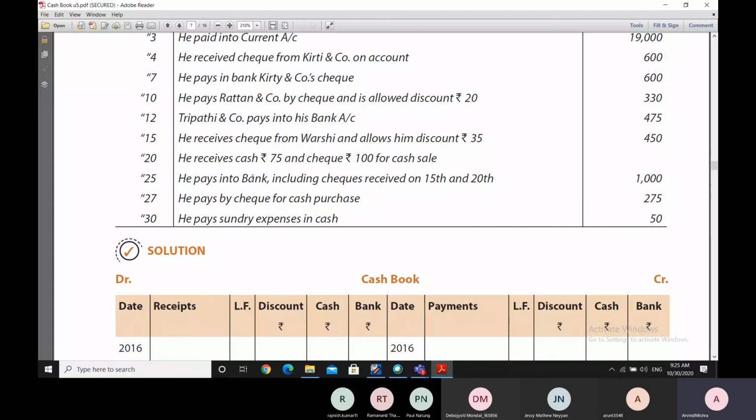Although it is mentioned here, he pays into the bank. He pays into the bank means he pays cash also into the bank apart from the checks which he has with him. He has a check of 100 rupees here, and he has another check of 450 rupees here. So he has 550 rupees worth of checks, and he takes 450 rupees more from his cash. So totally 1,000 rupees he deposits in the form of cash as well as checks into the bank account.